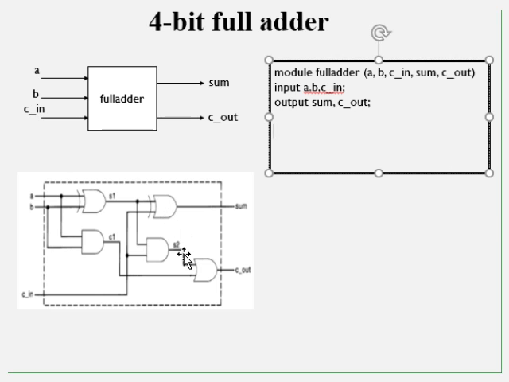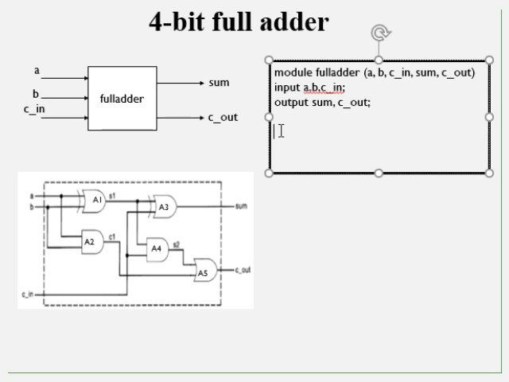The carry out is realized by ORing the carry out of the 2 half adders, which are cascaded. So this is the full adder implementation using 2 half adders. I will just write whatever is implemented here textually.